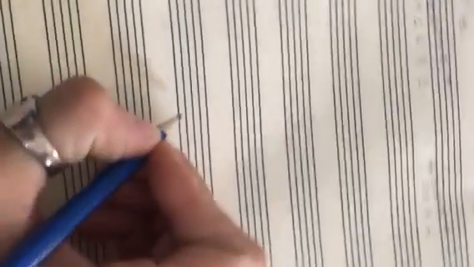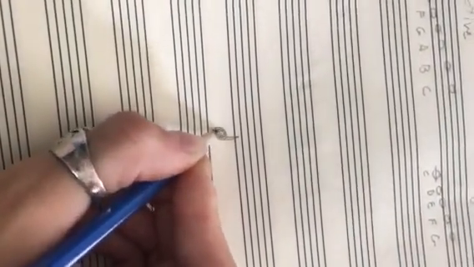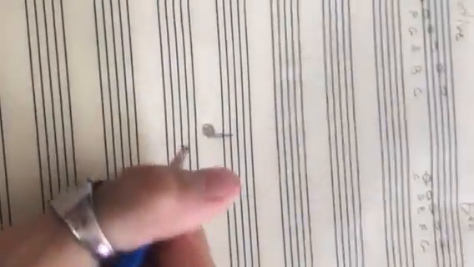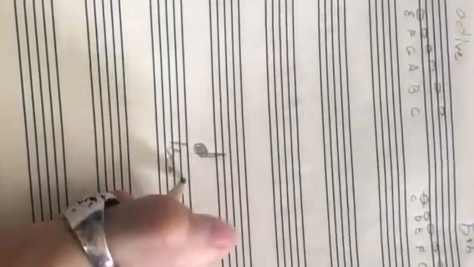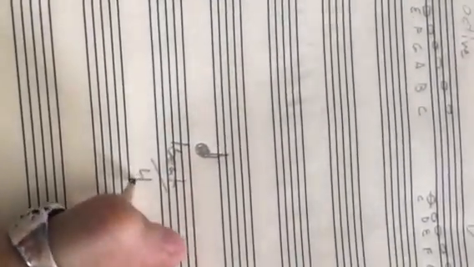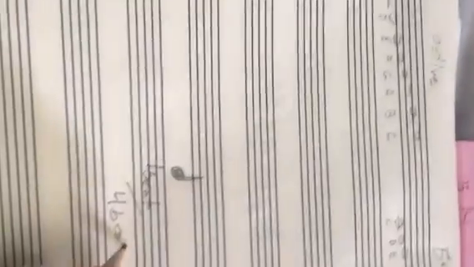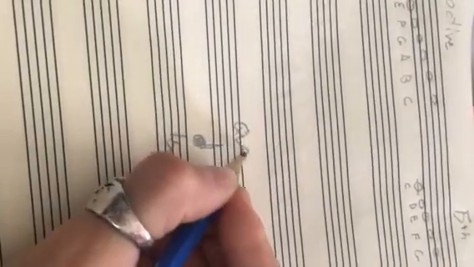So these are all out of beats. I just write in here. So the quarter note takes up 1 beat out of 4 beats, and that's why it's called a quarter.